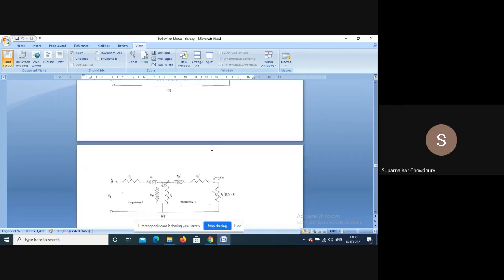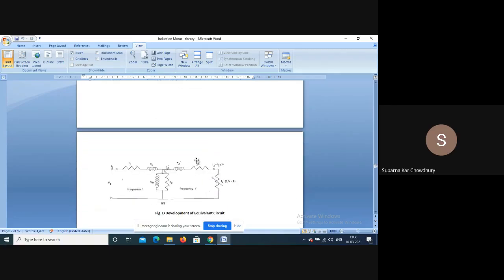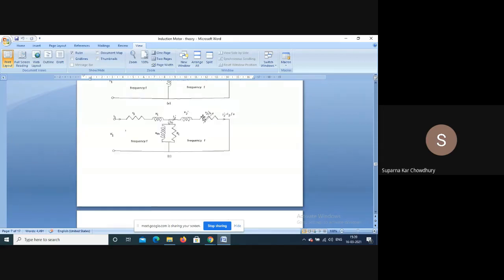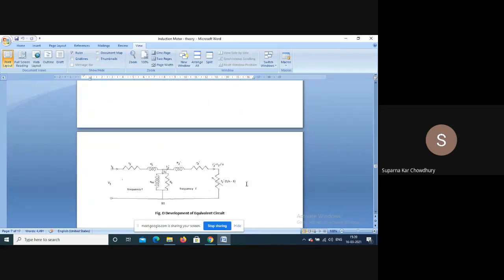So if we separate the losses, that loss is represented by I2 dash square R2 dash. So R2 dash, if we separate it out from this resistance, the rest is R2 dash into 1 minus S by S. So now look into this circuit.